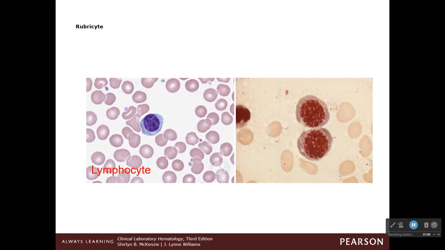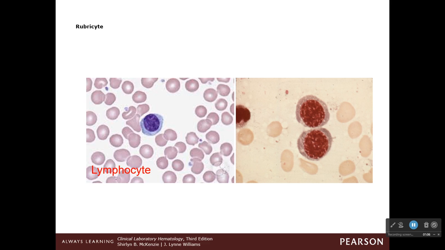All right, now look. This one could very easily be confused with a lymphocyte. Okay? It is actually about the same size. It's a little bit larger, but it is almost the same size as the lymphocyte. Now, this stain's not real good compared to this stain. But the characteristics are here. A lot of times the nucleus on a lymphocyte is not going to be perfectly round.